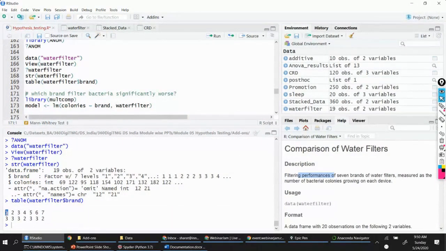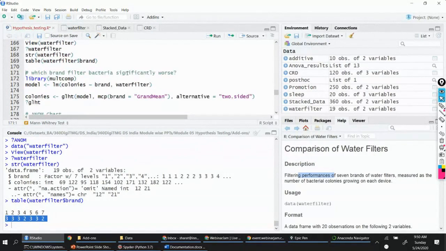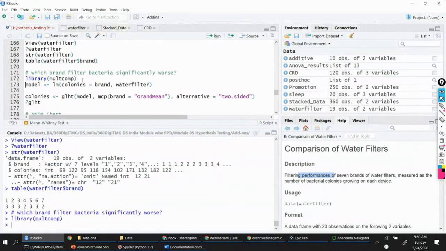So brand 1, I have 3 different filters; brand 2, brand 3, and so on and so forth. Now, in order to do ANOM, first I am loading the multcomp package. And here I am doing a linear model.